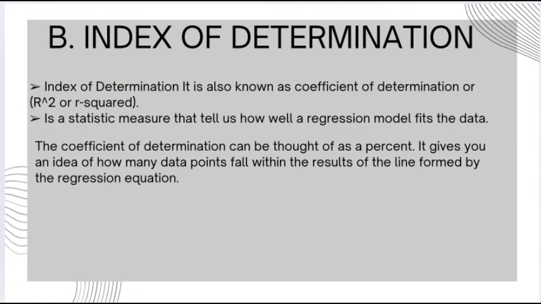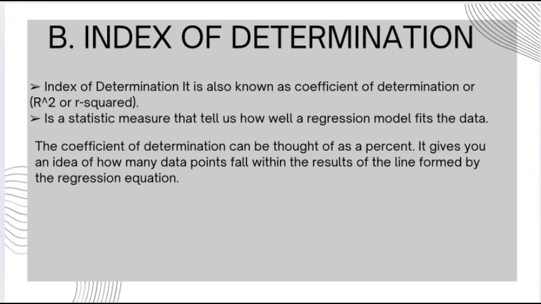Next definition of index of determination is it is a statistical measure that tells us how well a regression model fits the data. For example, the coefficient of determination is used to predict and explain the future outcomes of a model. So this method is also like a guideline which helps in measuring the model accuracy, and it helps to get the ratio of how a variable can be predicted from another variable.